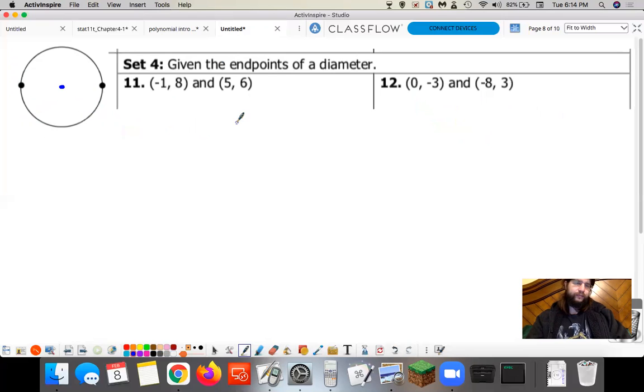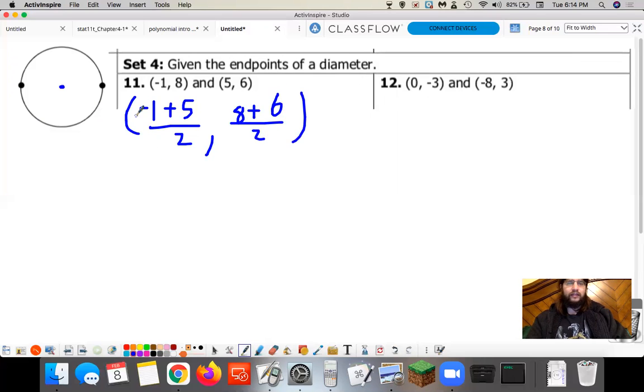Let's just do it. So first thing I like to do is find my center. I'll write out the formula this one time, but then the rest of the time it's going to be just calculator or head. You add up your x's and divide by 2. You add up your y's, and you divide by 2. That's -1 plus 5 is 4 over 2, which is 2. 14 over 2, which is 7.